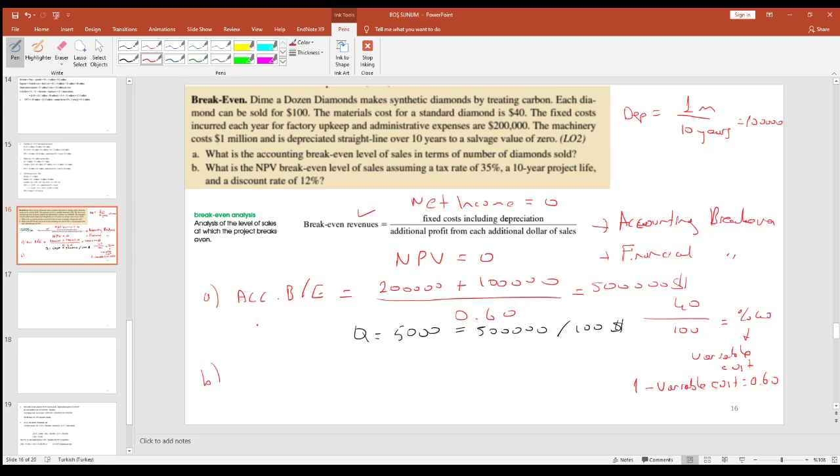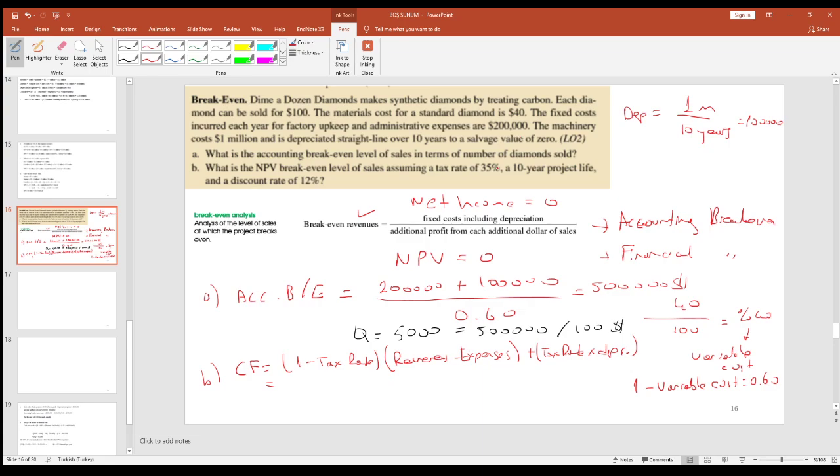Okay, so B, financial break-even. For financial break-even, remember our cash flow equation. It was 1 minus tax rate times revenue minus expenses, excluding, of course, depreciation, plus tax rate times depreciation. So from this, what was 1 minus tax rate?